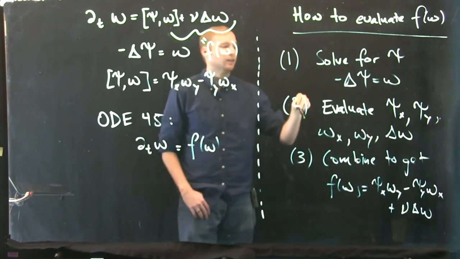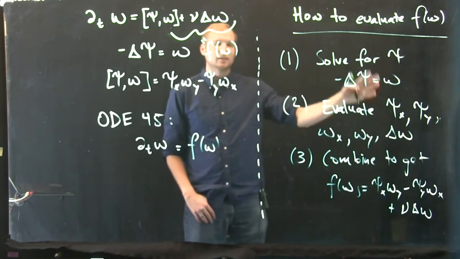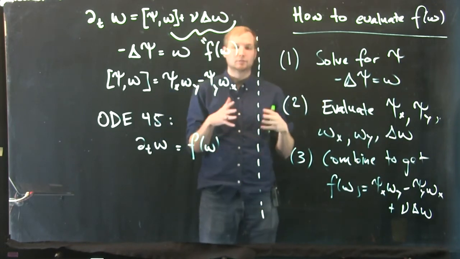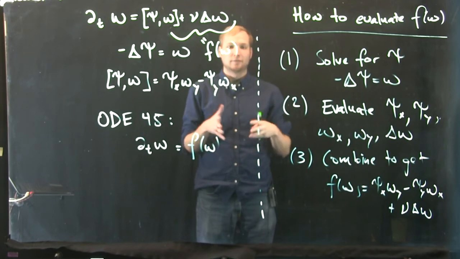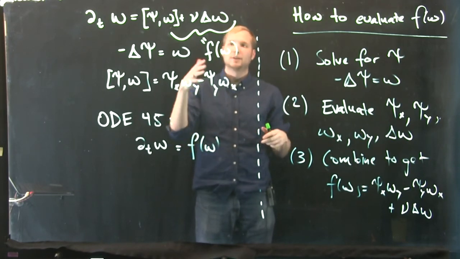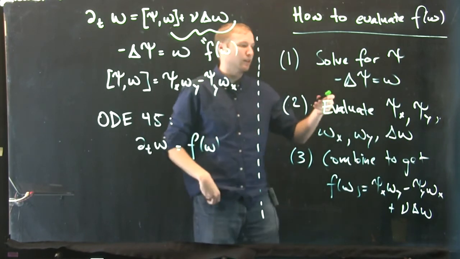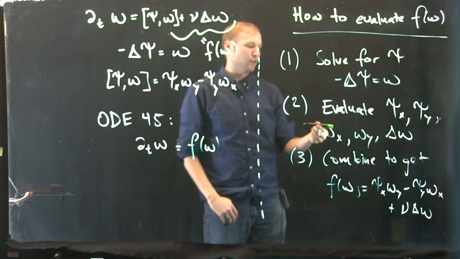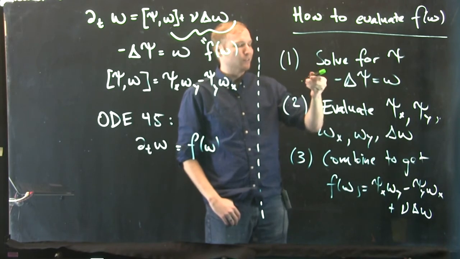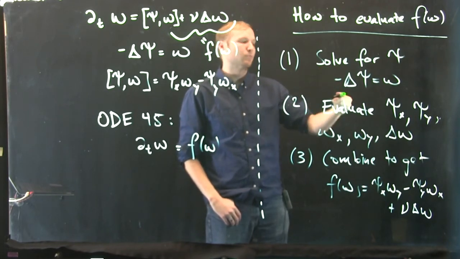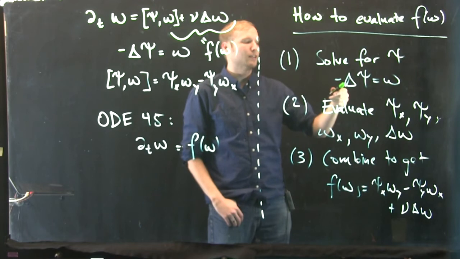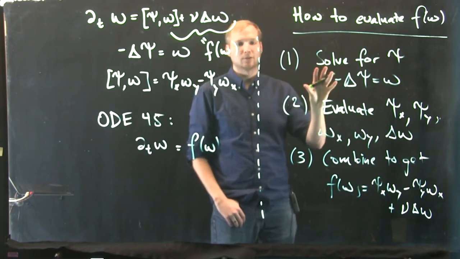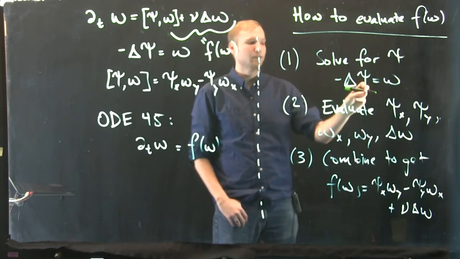Okay, so I've kind of written things continuously here, but we're solving the problem on a finite grid. And because of that, we can just use finite differences to approximate all of these. We need to solve this equation, so we approximate the left-hand side here, and that gives us a matrix equation for the values of psi.